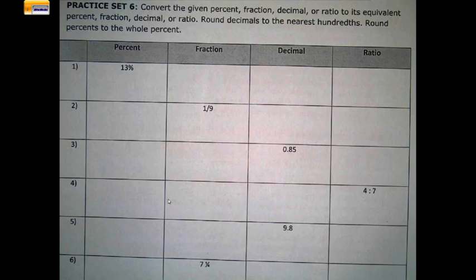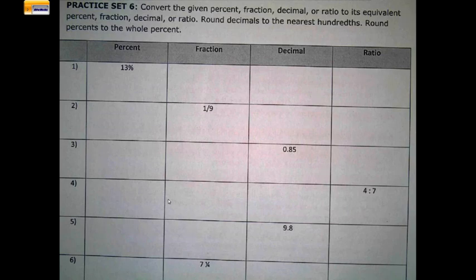You should have no problem going from a percent to a fraction, decimal, or ratio, from a fraction to a decimal or ratio, from a decimal to a fraction or percent, from a ratio to a decimal, fraction, or percent. I give you 1, you give me 3.